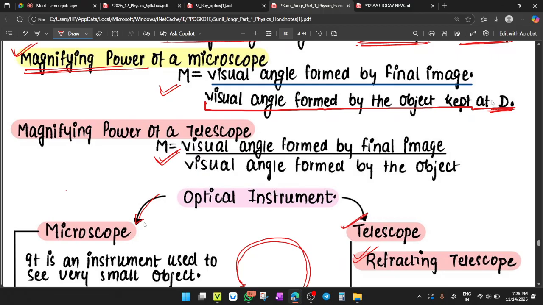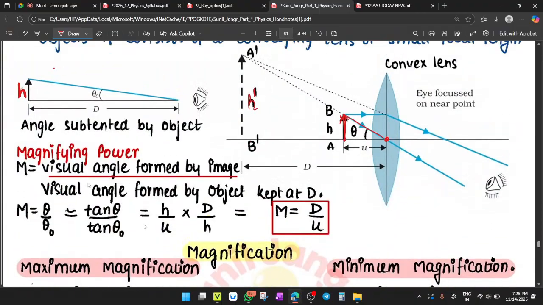So you have to take the object at the least distance of distinct vision. So m is equal to visual angle formed by the image divided by visual angle formed by the object kept at distance d. Write this magnifying power. Clear?